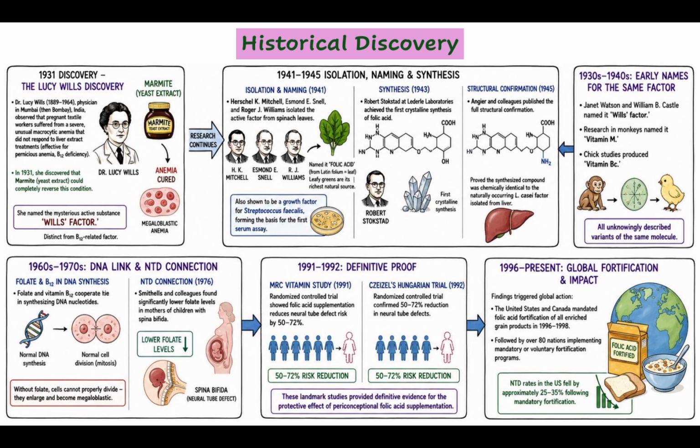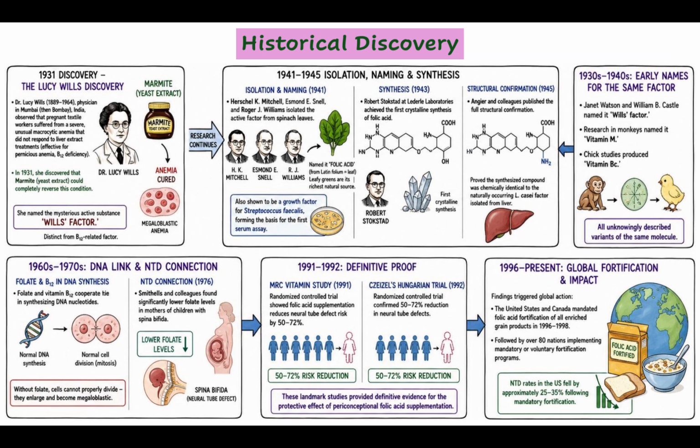That same year, it was demonstrated to be a growth factor for Streptococcus faecalis, forming the basis for the first serum assay. In 1943, Robert Stokstad at Lederle Laboratories in Pearl River, New York, achieved the first crystalline synthesis of folic acid, enabling large-scale production and rigorous scientific study.